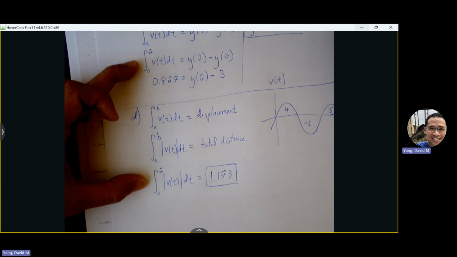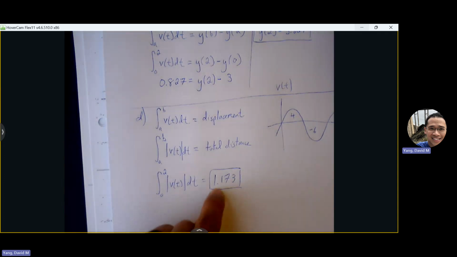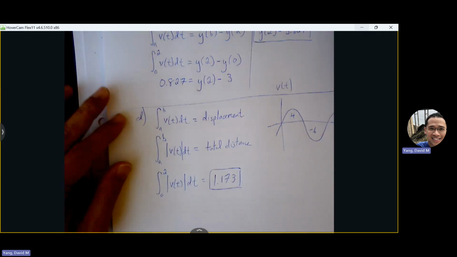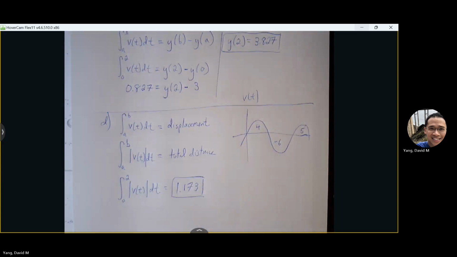That means it's only going right, or always going up or always going down in that interval. But if there's any change in direction, then you can expect your total distance to be a larger value than your displacement. Any questions here?